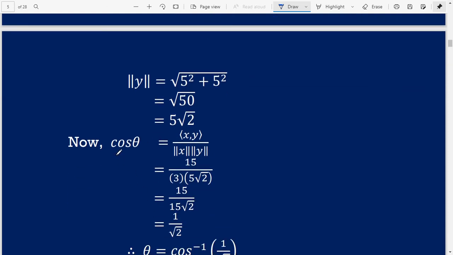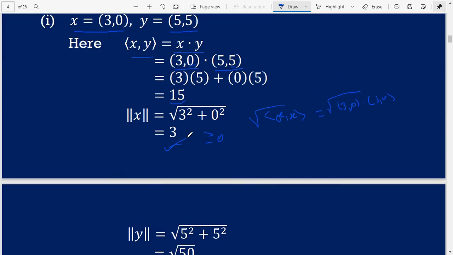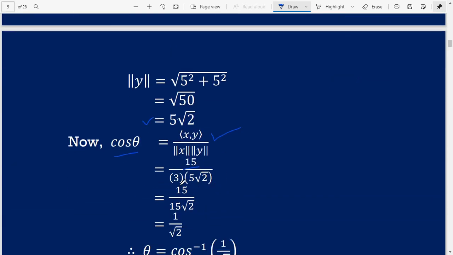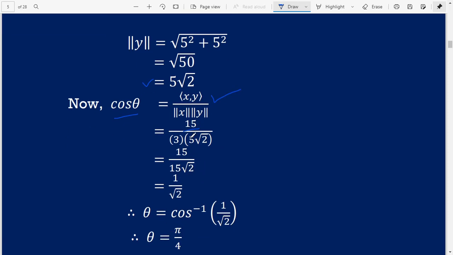Now cos theta is equal to inner product x with y upon norm x into norm y. We have inner product x with y is equal to 15, norm x is equal to 3, and norm y is equal to 5 under root 2. So 15 upon 3 into 5 into under root 2.